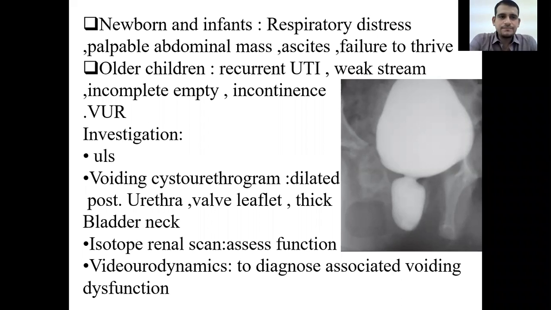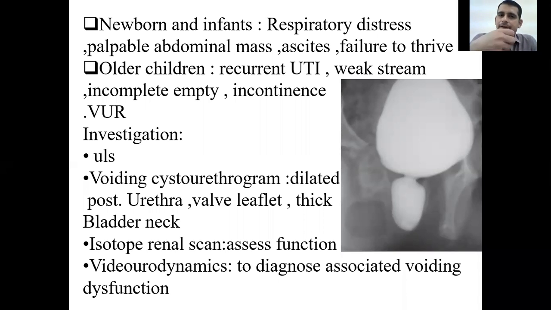Older children present with recurrent UTI, weak stream, incomplete emptying, and sometimes incontinence, and VUR, vesicoureteral reflux. So there are three scenarios for the posterior valve according to the age of presentation of the baby. We may diagnose it prenatally, or in a newborn baby, or in older children.